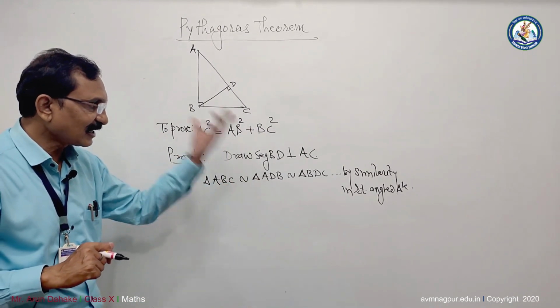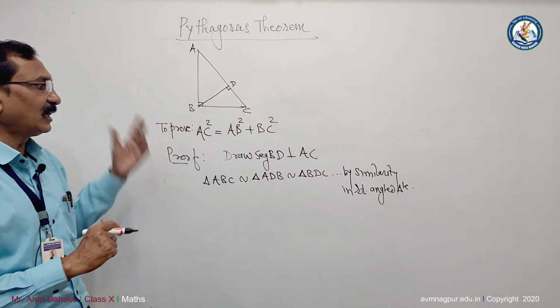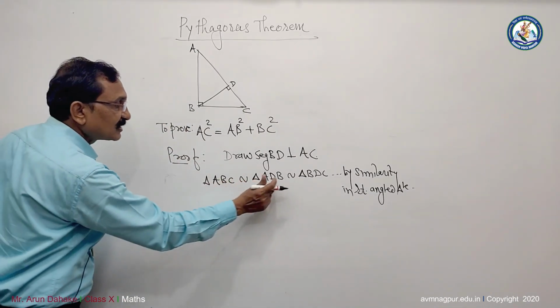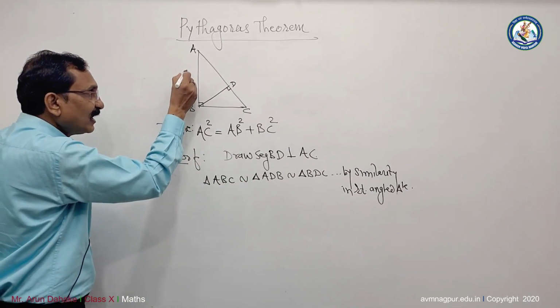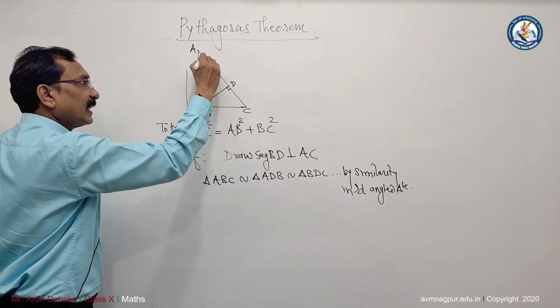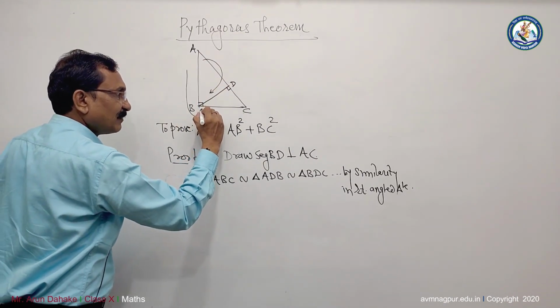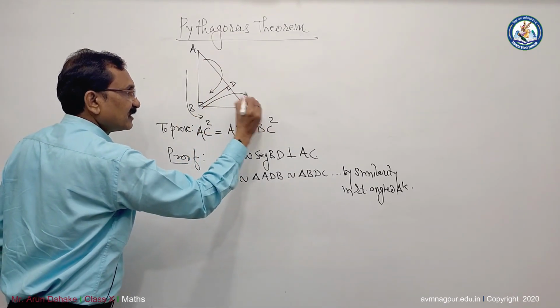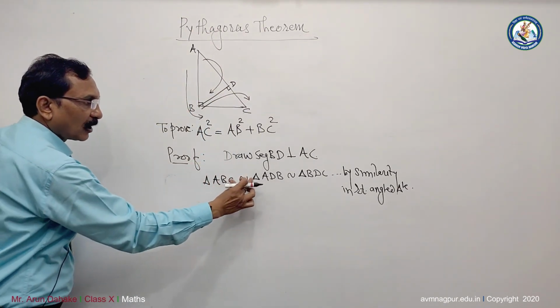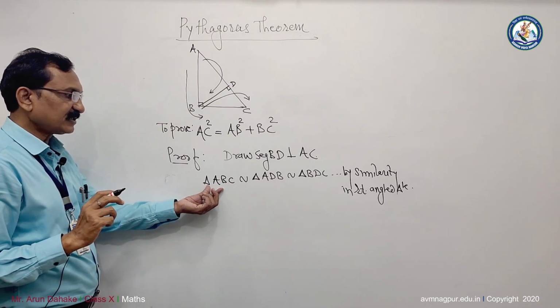If triangles are similar, you write the triangles similar using the proper order of the triangles. I told you like this: ABC, then this triangle ADB, and then starting from this again B, the triangle BDC. This is the proper order of the triangles. Now the original triangle is ABC.